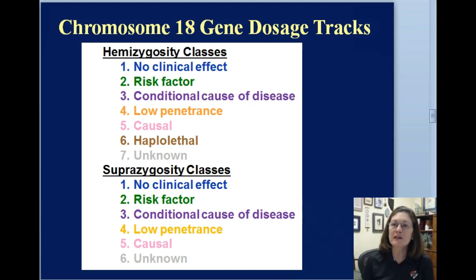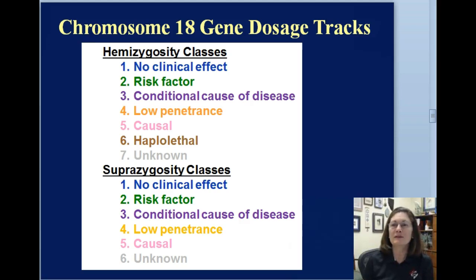Then the duplication or superzygosity genes are also scored or classified related to duplications. And again, the classifications are pretty much the same. There is no haplolethal gene because we assume there aren't any haplolethal since people exist with trisomy 18.